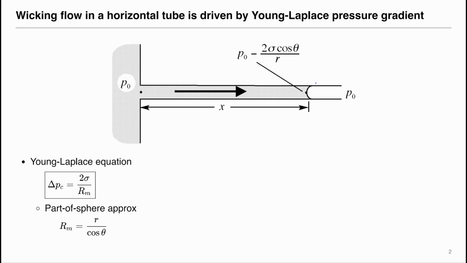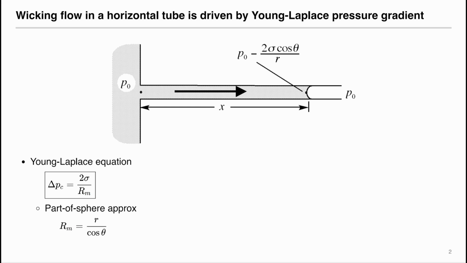The meniscus is formed so that it is concave to the outer vapor phase, so the Young-Laplace equation requires that there is a capillary pressure difference, denoted by delta Pc, equal to 2 times the surface tension divided by Rm, where Rm is the radius of curvature of the meniscus. If the meniscus is part of a sphere, then this approximation holds, where Rm equals R divided by cosine theta, and this is almost always true for very thin capillary tubes.